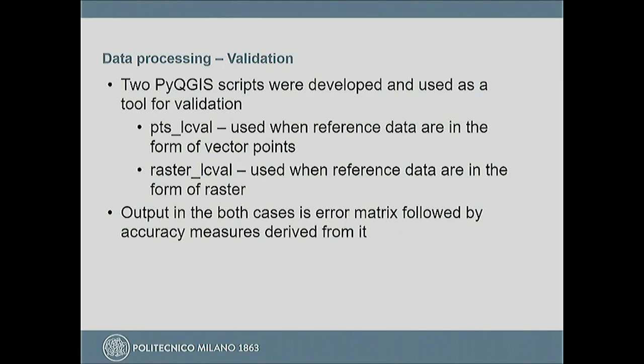One plugin is for the case where we want to validate the data having samples that are point-wise samples, like in the case of the land cover collector that you are using for going around and collecting the category of the land cover. These are point observations. And so we have a first plugin helping us in assessing the data in this case.